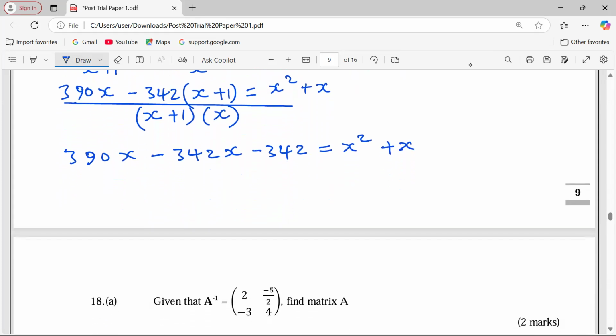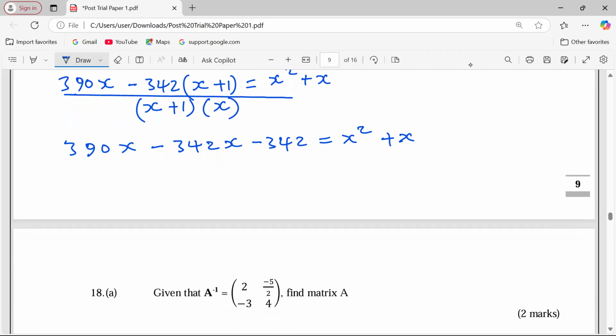That way. So if we arrange this equation for it to take what we call a quadratic order, it will start with x squared. Then we are having 1x plus 342 minus 390. We get negative 47x.